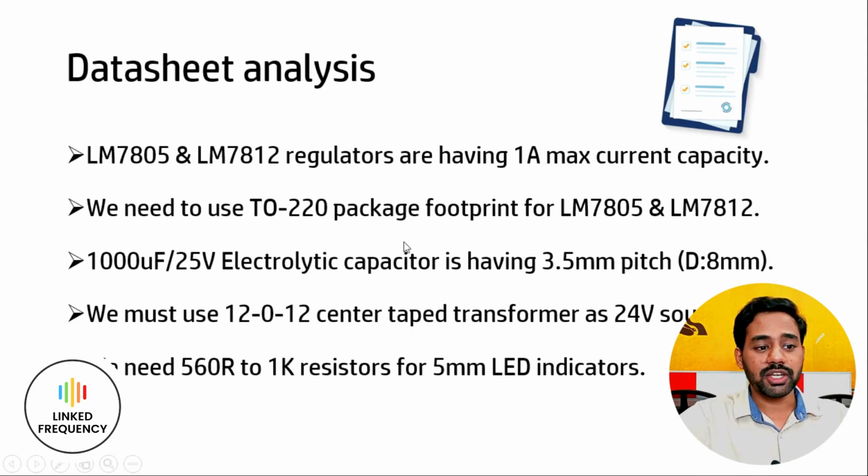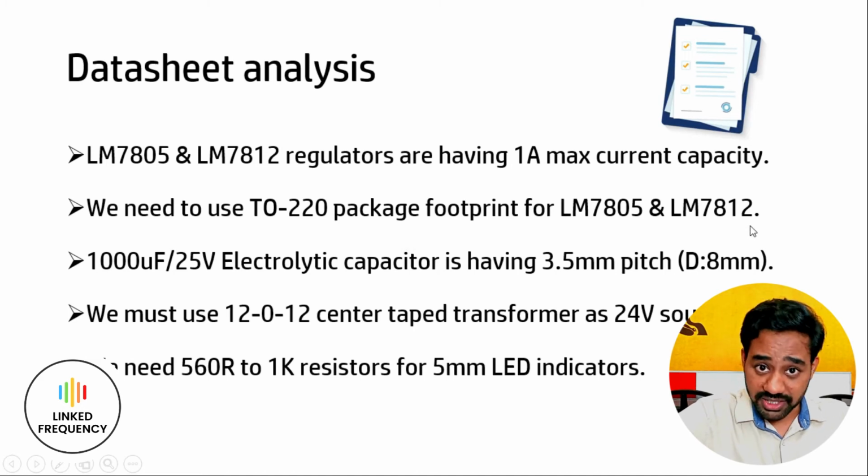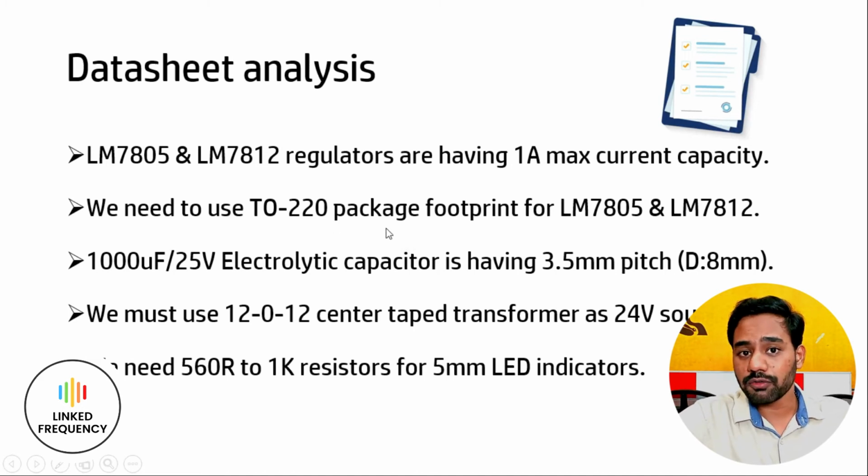We need to use a TO220 package footprint for LM7805 and 7812. TO220 is a package which is dedicated for 7805 and 7812 regulators, which is a part of the footprint design activity in the next tutorial. However, you must understand this information at this stage only.